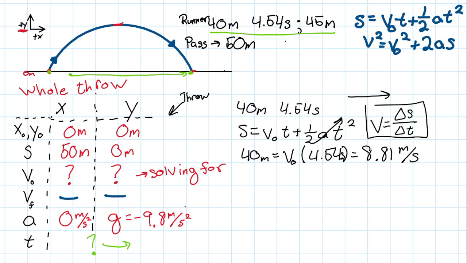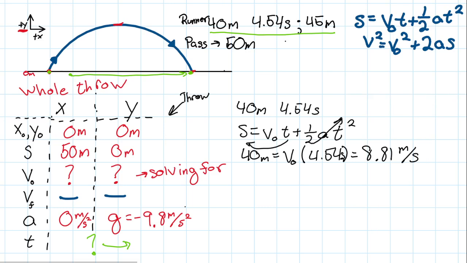This is only valid when a is 0, when there's no acceleration, which is why I wrote the whole thing out here and crossed off a. You get the same equation. You can see it if I rearrange things: I move the t over to this side, and I have s over t equals v. Same thing. I just wanted to clarify that's only when acceleration is 0, which in this case it is, so either way is fine.